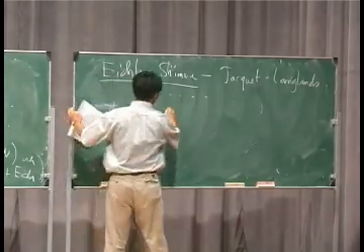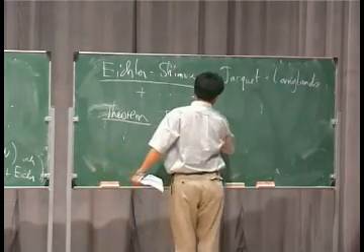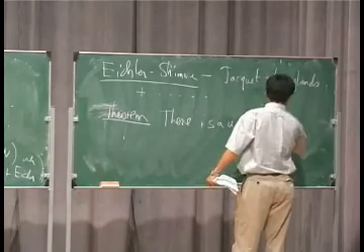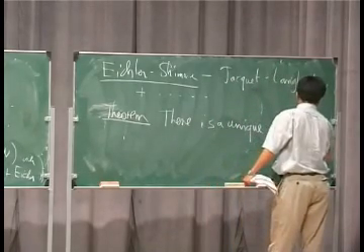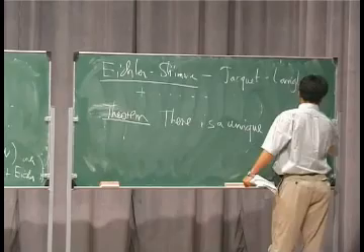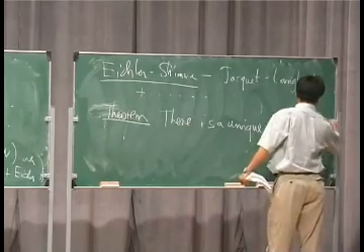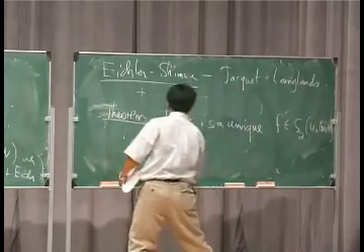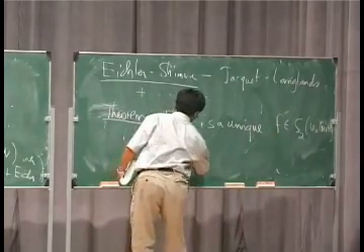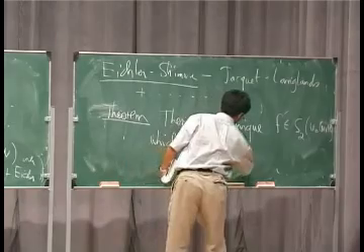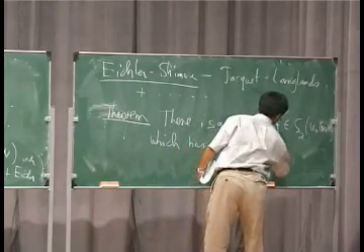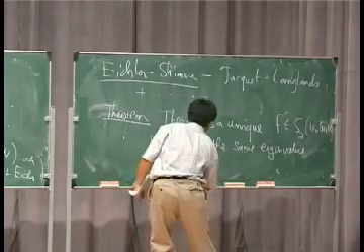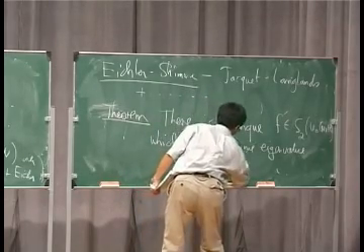Theorem 1: there is a unique modular form F' in S2 of U0 of NK, the Hecke eigenform, which has the same eigenvalue as F under the Hecke operator T_v.